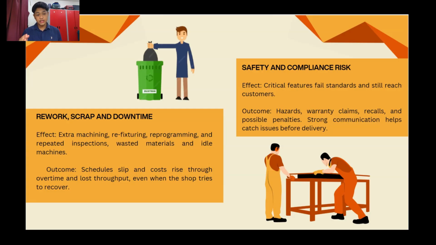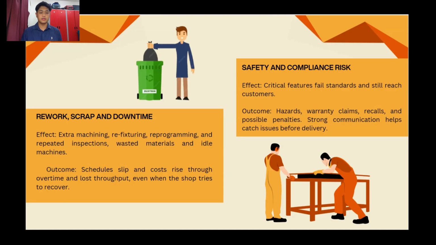We move on to the next point, which is safety and compliance risk. What are the effects of safety and compliance risk in this topic? The effect is that critical features fail standards and still reach customers. The outcomes are hazards, warranty claims, recalls, and possible penalties.